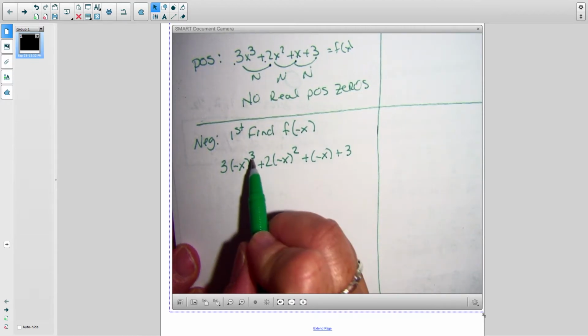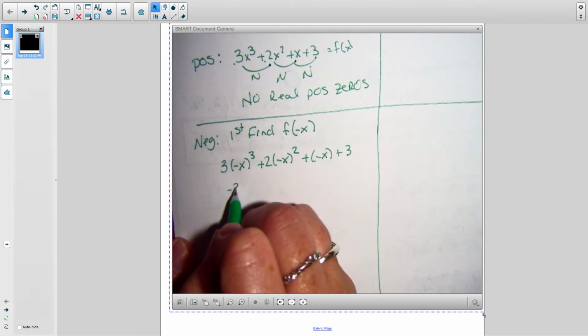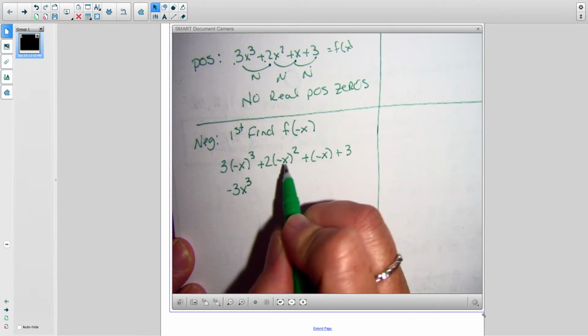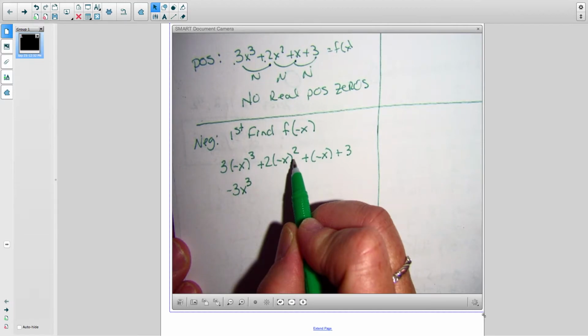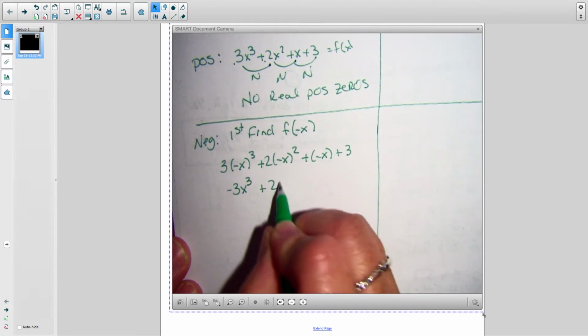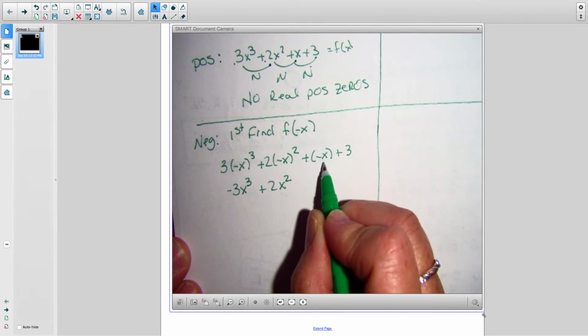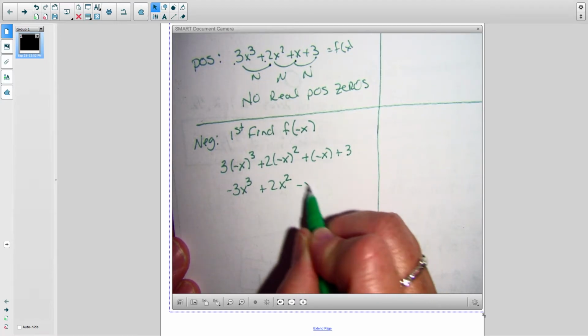A negative raised to the third power is what? Negative, so this would be a negative 3. Negative squared is positive, so this sign won't change. What about this one? It'll be negative.